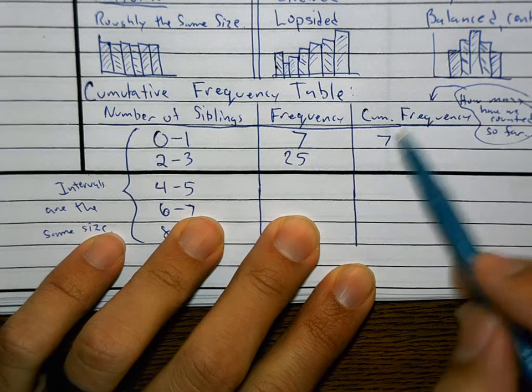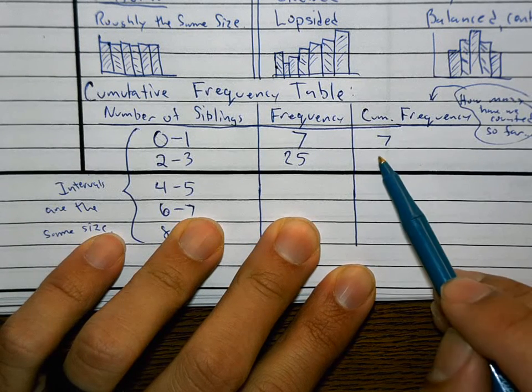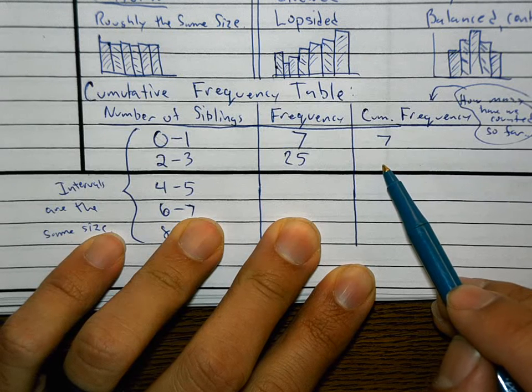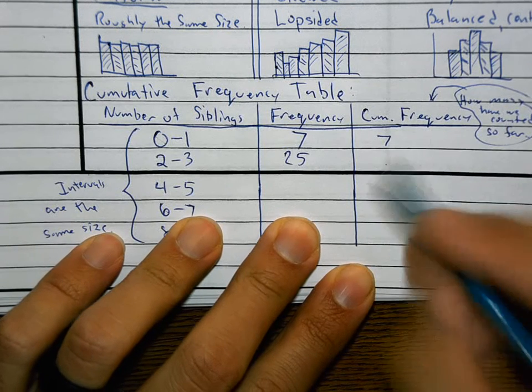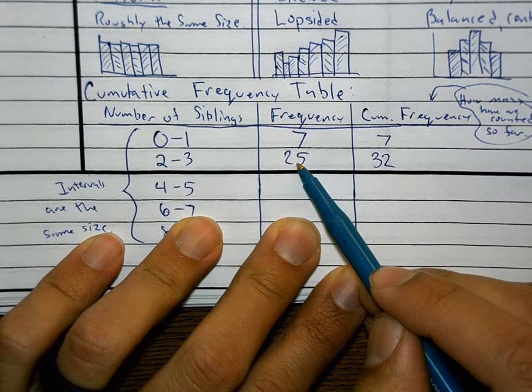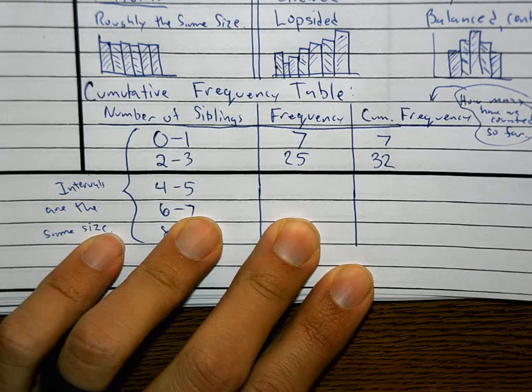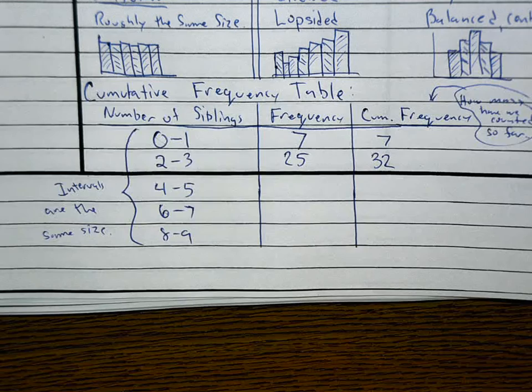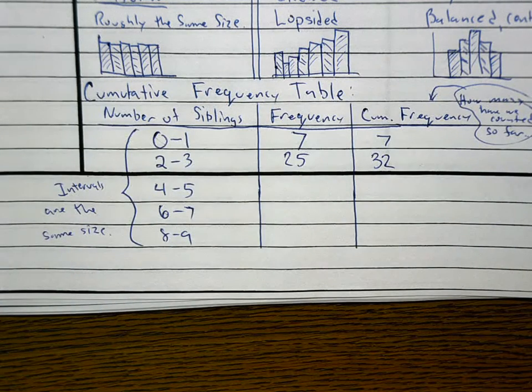How many have we counted so far? What goes here for your cumulative frequency? 32. You have the 25 we just counted plus the 7, which makes 32. That's the difference. We're going to keep a total amount that we know so far.